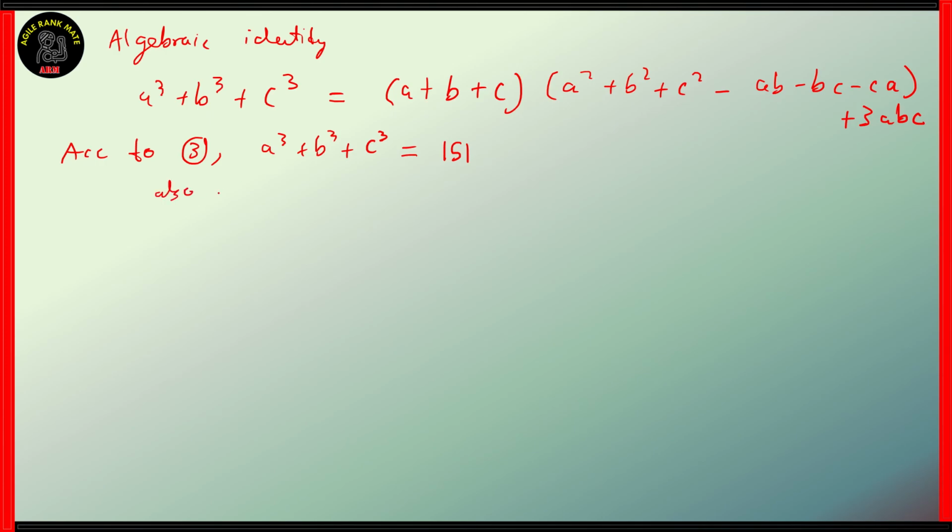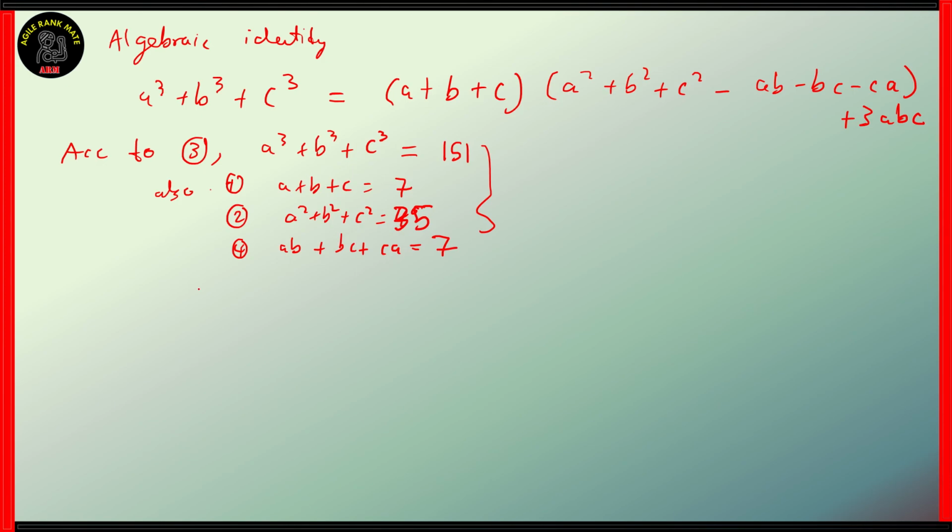Also, according to equation 1, A plus B plus C equals 7. According to equation 2, A squared plus B squared plus C squared equals 35, actually not 49. And we also know, according to equation 4, AB plus BC plus CA is equal to 7. We're going to put in all of these values in this equation. So the left-hand side now becomes 151.